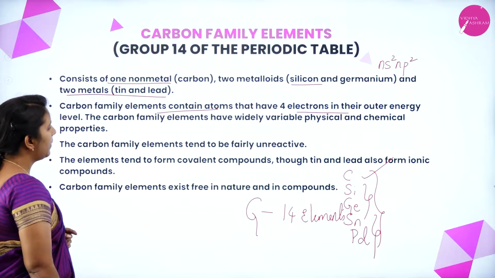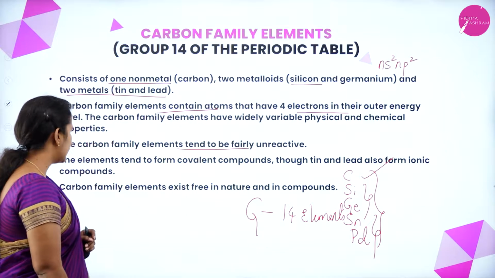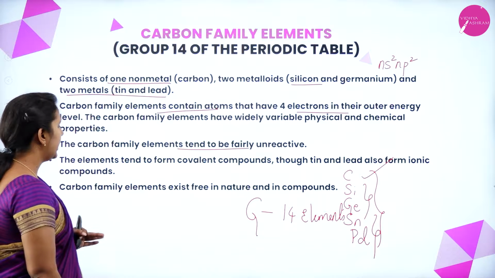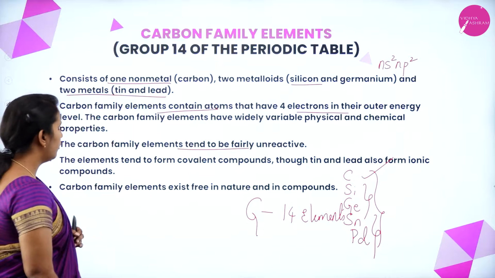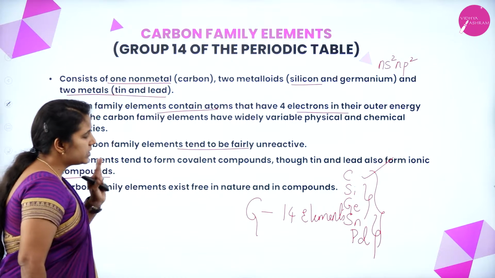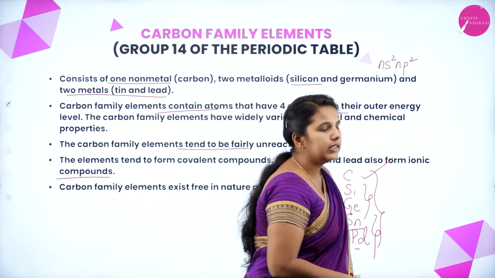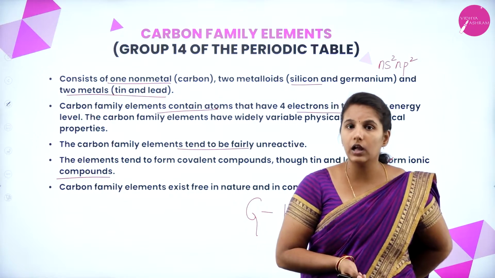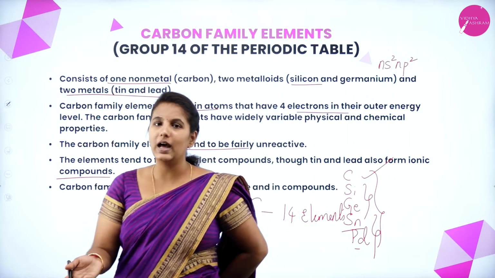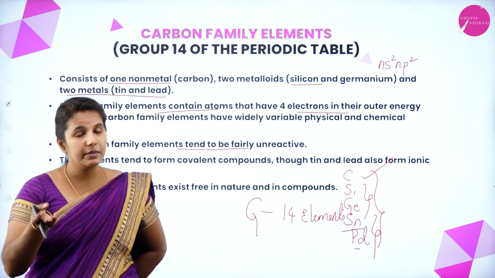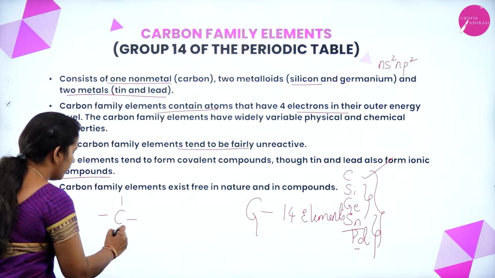The carbon family elements tend to be fairly unreactive. The elements tend to form covalent compounds, though lead and tin form ionic compounds. Except for tin and lead, all the other elements form covalent compounds by sharing all their 4 electrons with other elements. The best example is carbon. What is the valency of carbon? 4, correct?